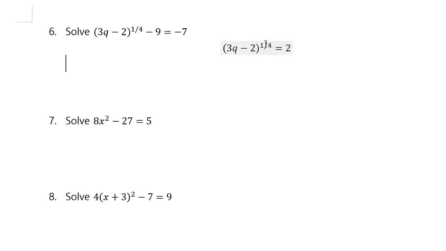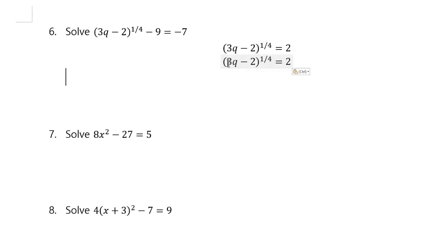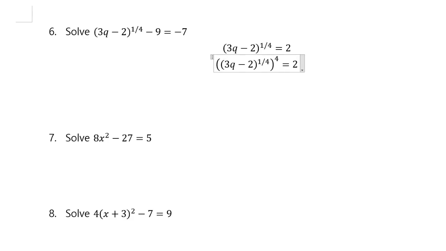And then to get rid of the 1/4, what you want to do is take the 4th power of both sides. Remember that you always need to treat both sides in the same way. You can't treat one in a different way than the other. Then if you do that, then the equality is no longer true.